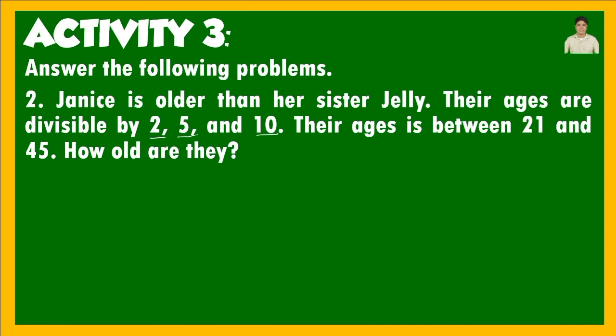Pag naman, 5, kailangan 5 and 0 lang siya. Okay, so lista natin yung mga numbers na nag-end sa 0 from between 21 and 45. So, 21 to 45, we have 30 and 40. So, dalawa lang po sila. So, kung hindi kasama yung 10, divisible by 2 and 5 lang, or divisible by 5 lang, pwede nating ilista yung 25, 35. So, ayan po, 30 and 40.